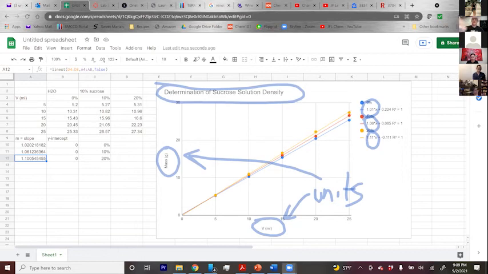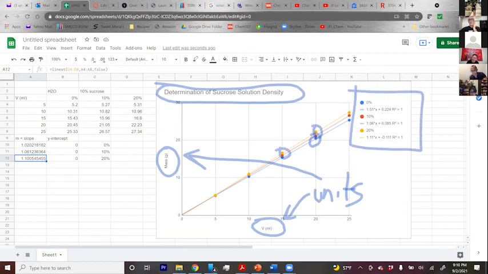And then finally, I need to know what these points are. So it needs to have something like this legend that shows me what these points are. And if you have the lines, I need to see the equations. So make sure you have this included, because that way I can see what it is I'm looking at. So any questions about how to deal with the data?